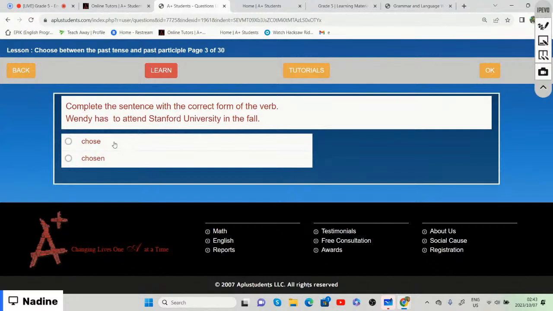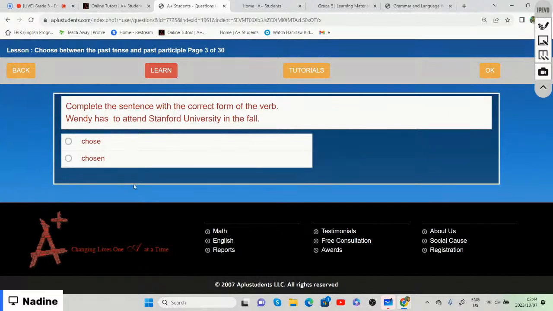If we choose the correct one, then we say has chosen.